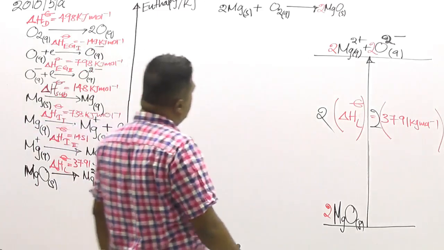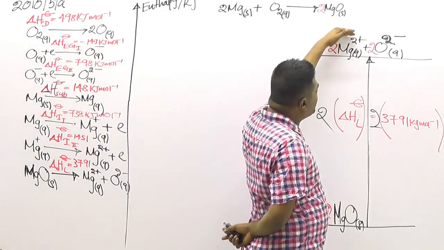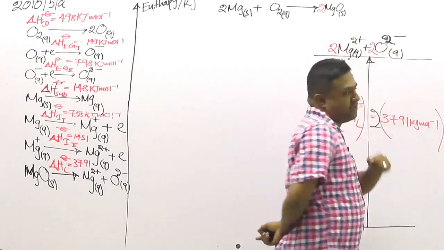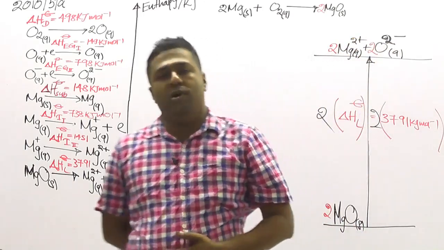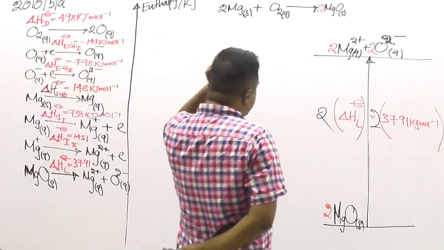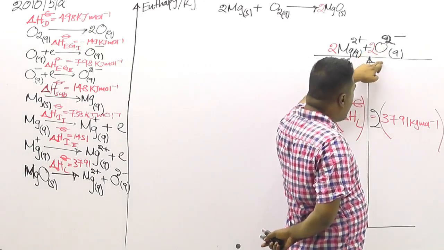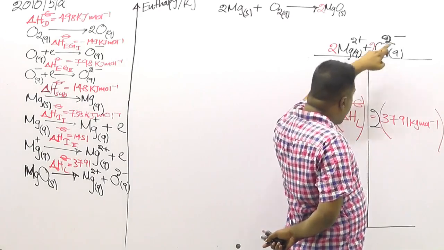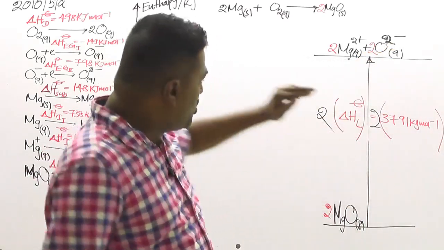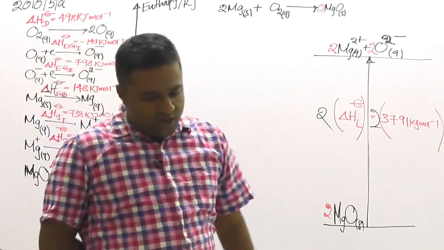I'll go backward. You should produce magnesium 2 plus and you should produce O2 minus, right? Always I'll take the anion, so I'll select O2 minus.